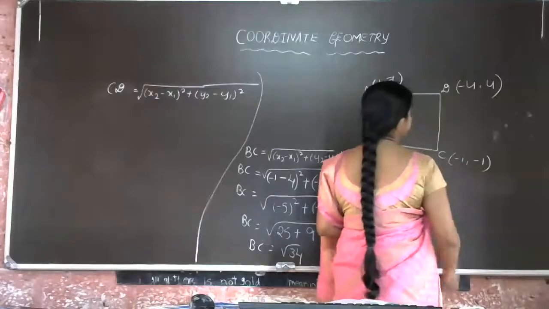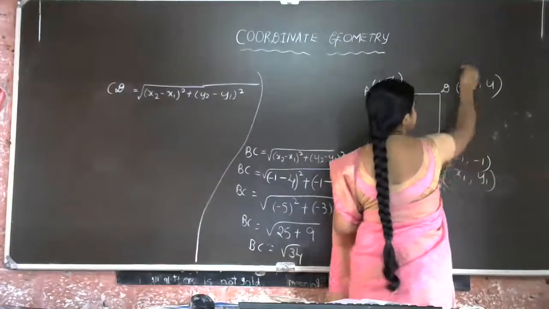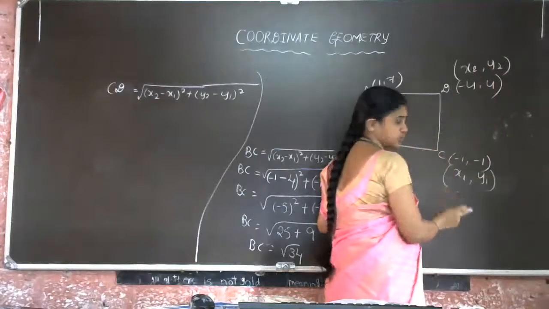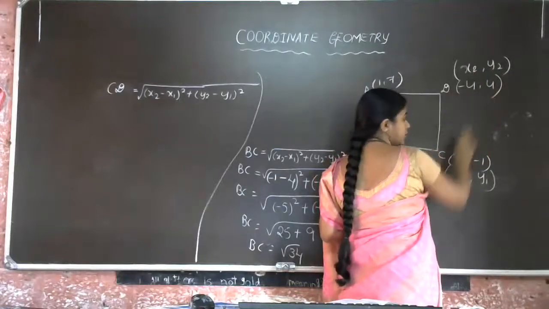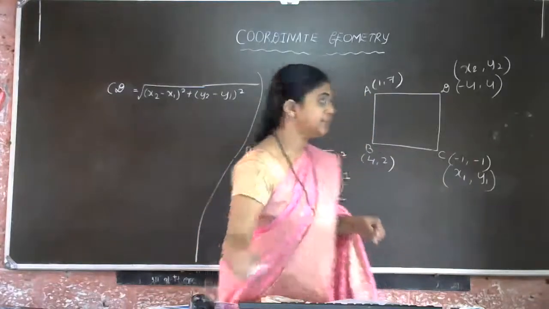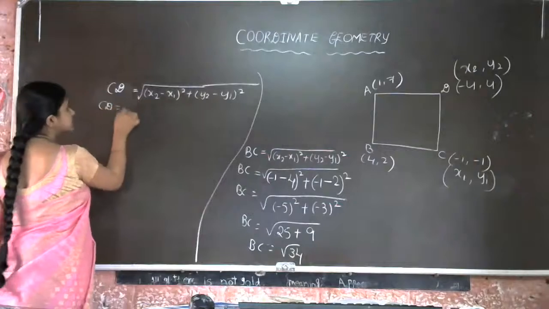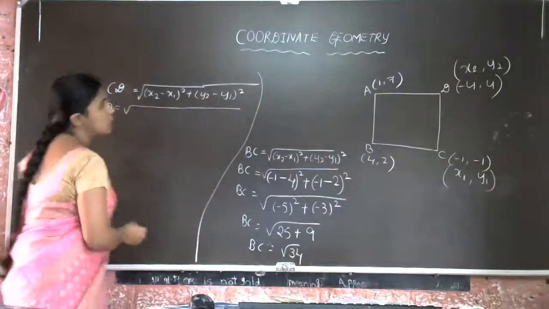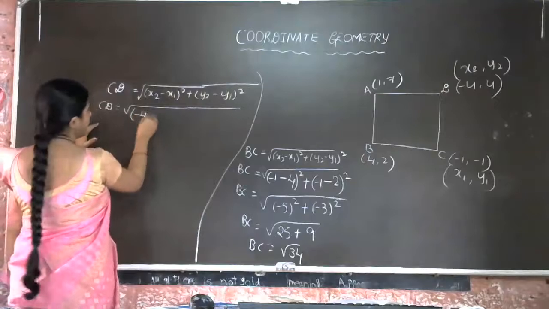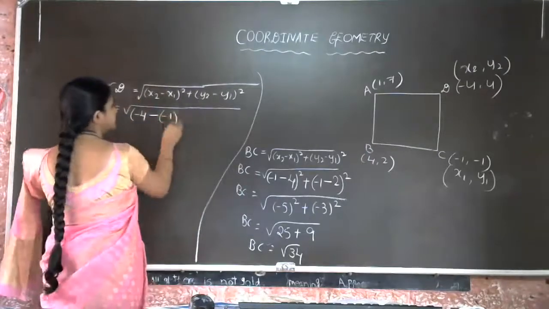Okay, now CD, I'll take this one as x1, y1 and this is x2, y2. You can take the reverse also. You can take this as x1, y1 and this as x2, y2, and you will get the same answer. Is that clear, students? Now again the same formula: CD is equal to x2 value is minus 2 minus 4, minus x1 value, which is minus 1.